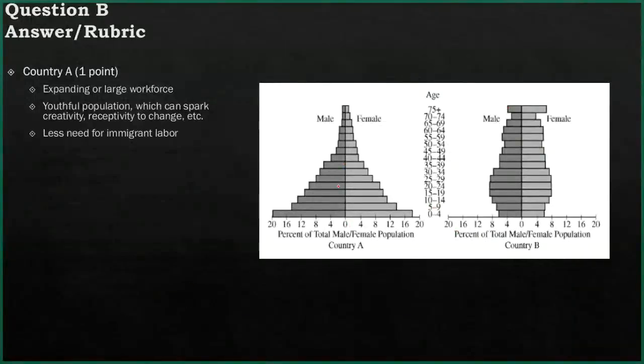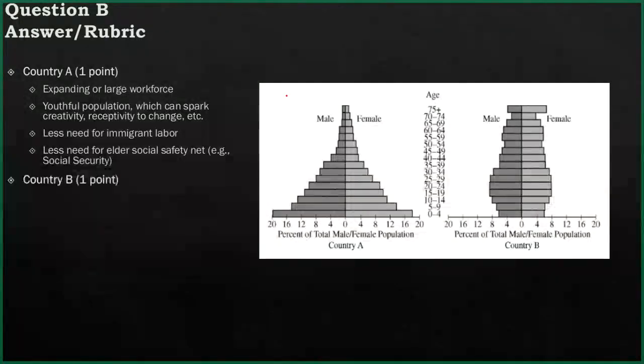Let's say this is Somalia in Africa. They don't need people coming into Somalia to support them because they're going to have a very large working population in the future. And there's less need for elder social safety. They don't really have a lot of elderly people, so they don't really have to worry about paying for caring for the elderly.